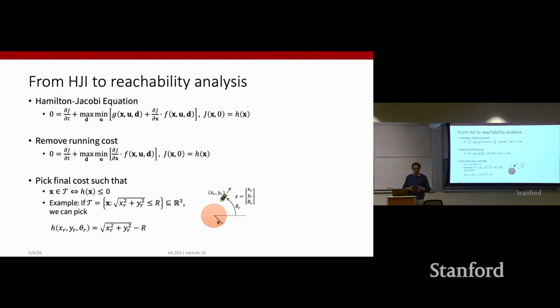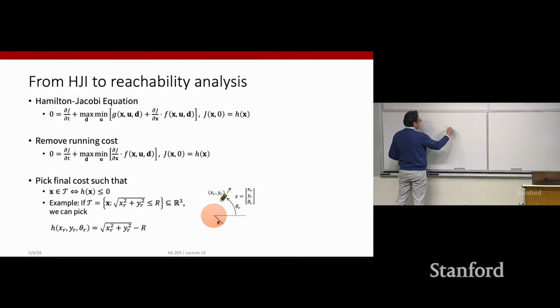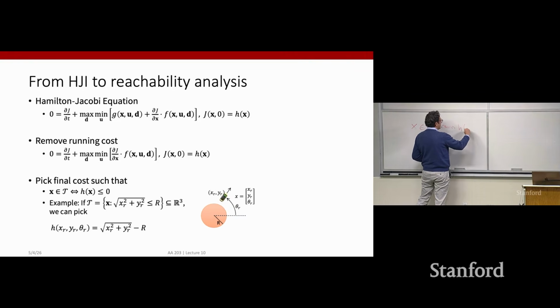Now, can we pick a final cost that reflects the notion that you either belong to a target set or you do not? The answer is affirmative. One can always find a function h of x such that the target set T is equal to the zero sublevel set of h. That is, x belongs to a given set T if and only if h of x is less than or equal to 0.